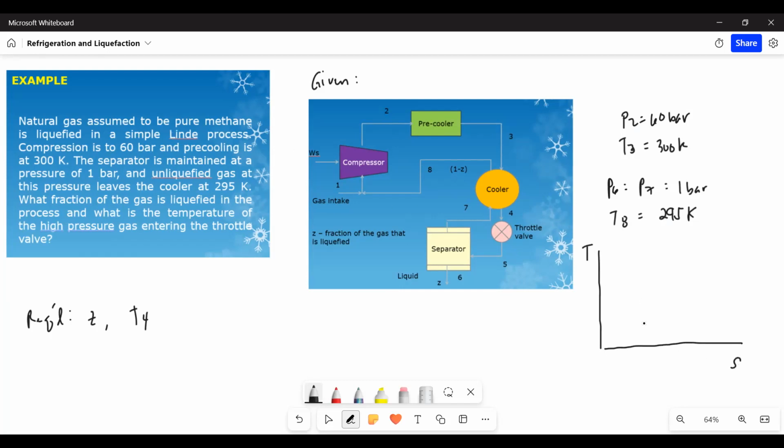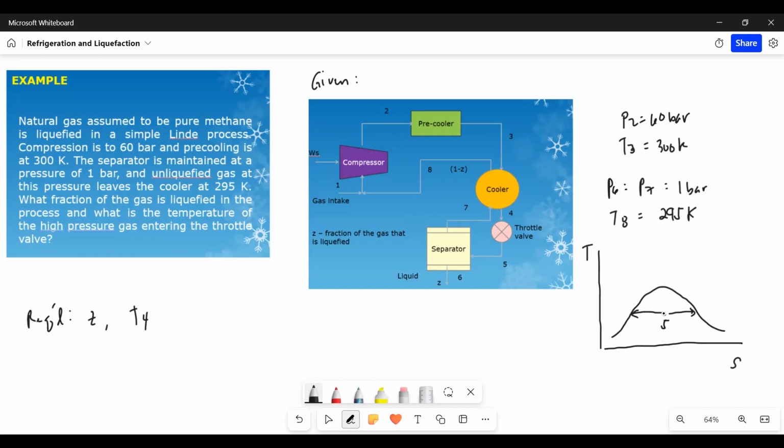So this is the TS diagram of methane. Imagine this is the saturation curve of methane. This point is after the throttle valve, where the stream enters the separator.